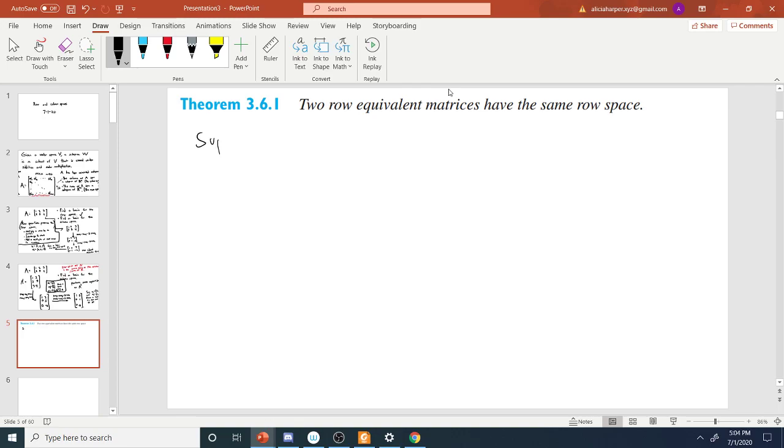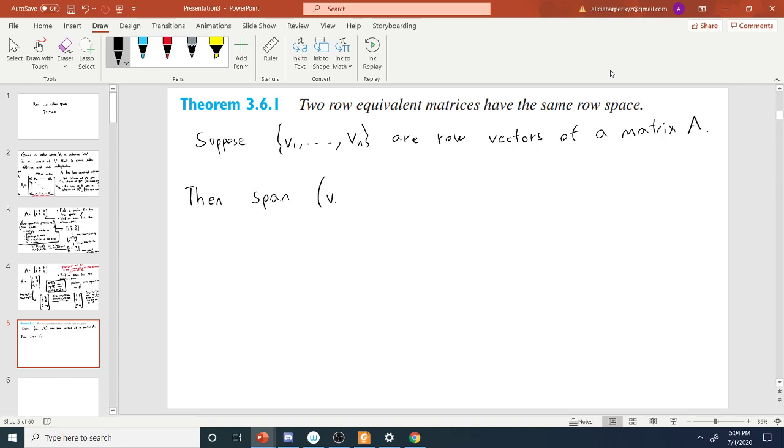Suppose V1 through Vn are row vectors of a matrix A. Then the span of V1 through Vn is equal to the span of V1, ..., Vi plus M Vj, ..., Vn.